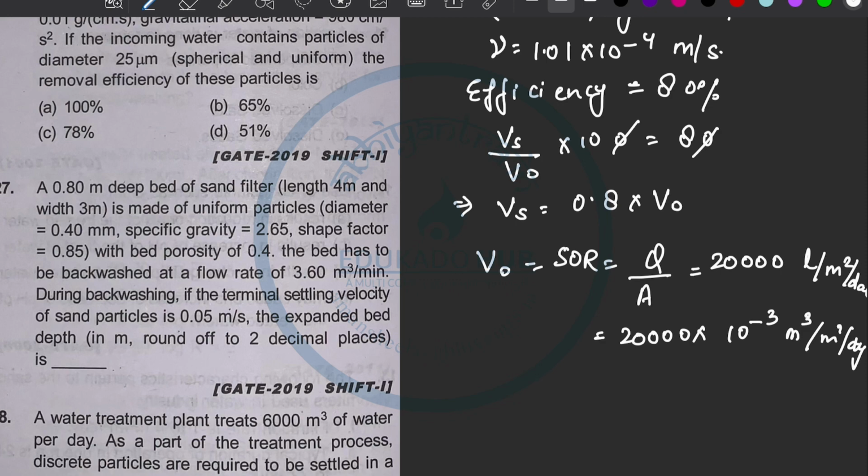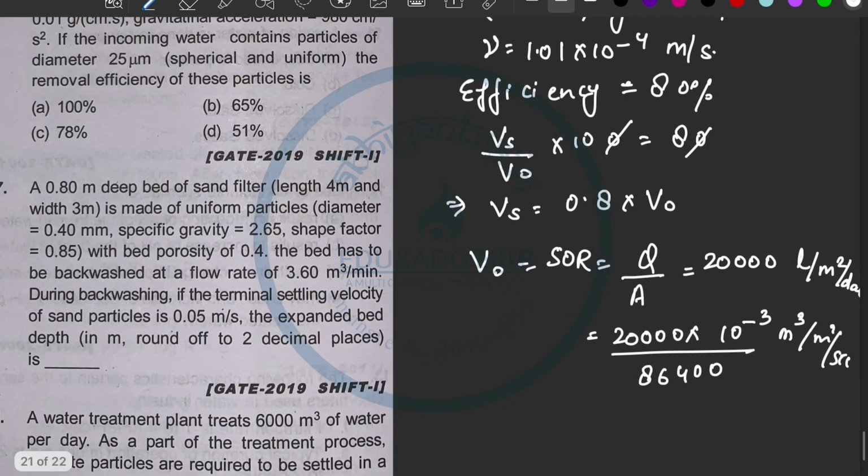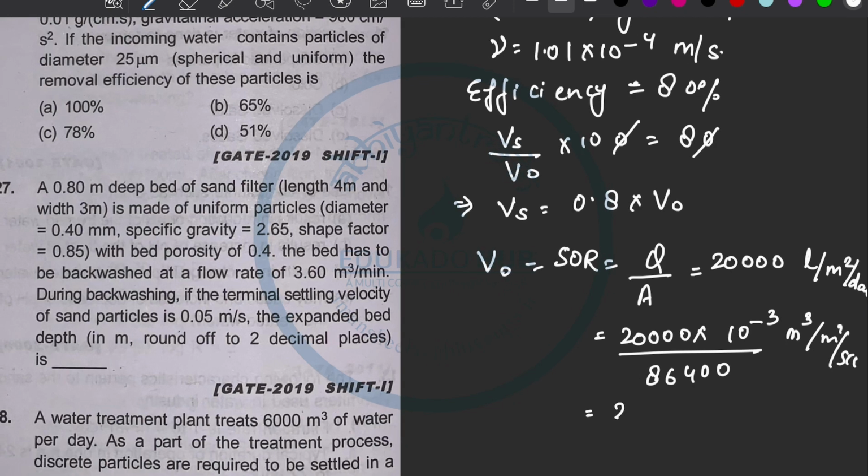Per day is also going to be changed to seconds. In a day there are 86400 seconds, right? So the answer comes to be 2.314 into 10 to the power minus 4 meter per second.